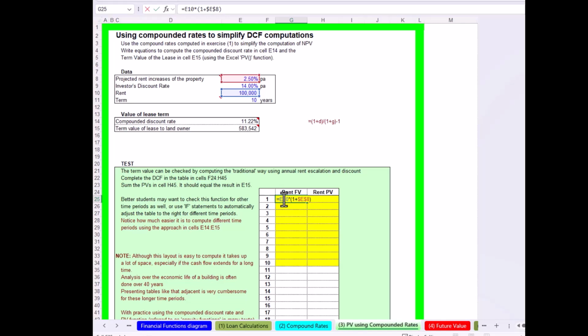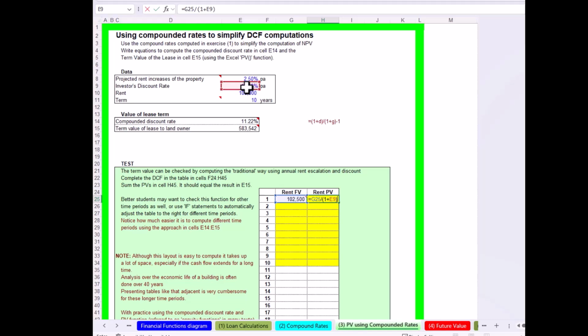I'm going to take that as absolute, and I'm also going to absolute the starting rent. I'm going to close my brackets, raise that to the power which is equal to the year number.